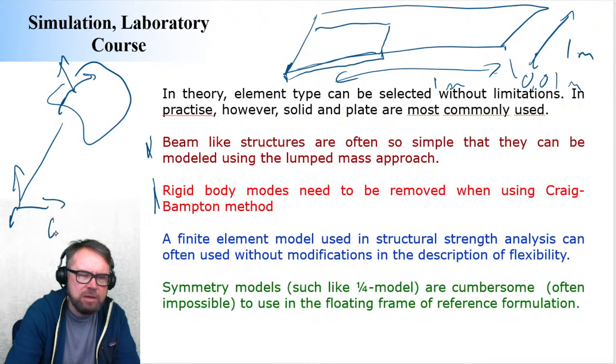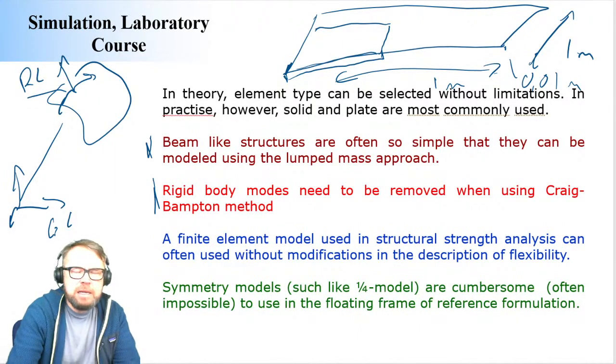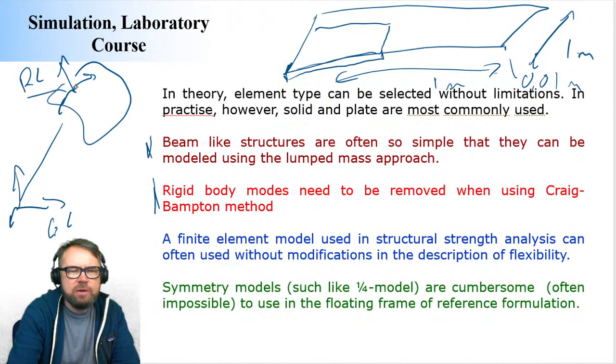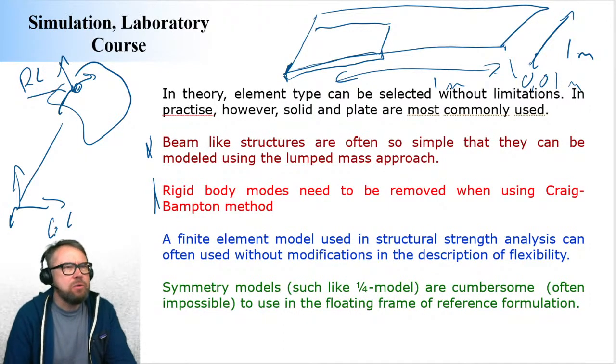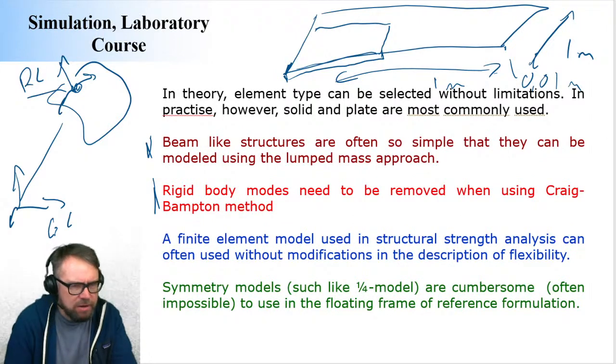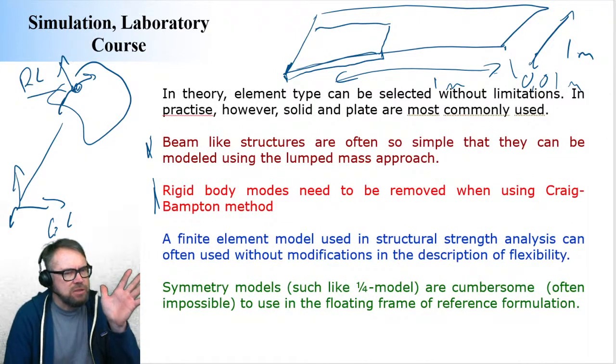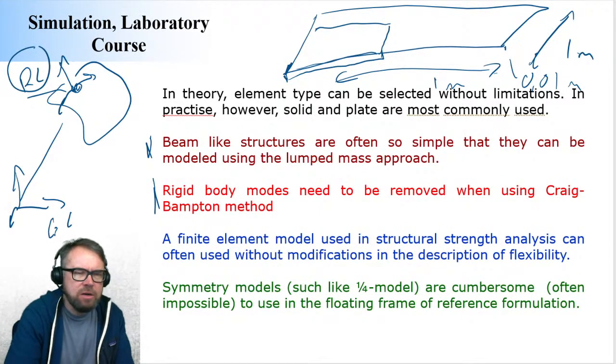So this is the global coordinate system, this is a reference coordinate system, and the reference coordinate system, this one here, is the one that is describing the rigid body motion, large reference motion to be more specific.